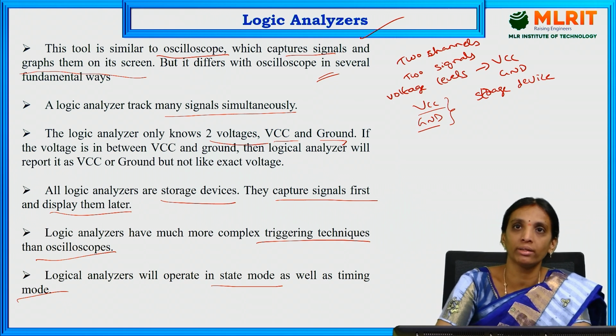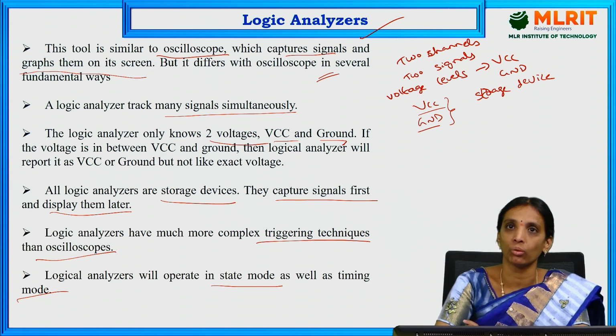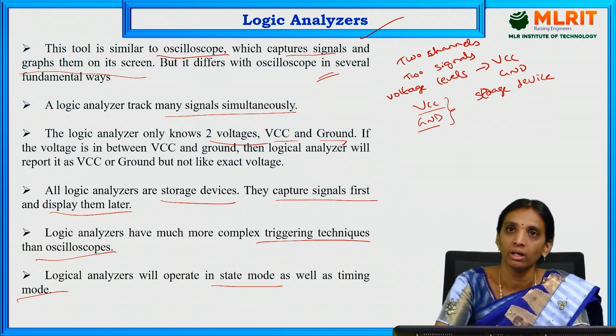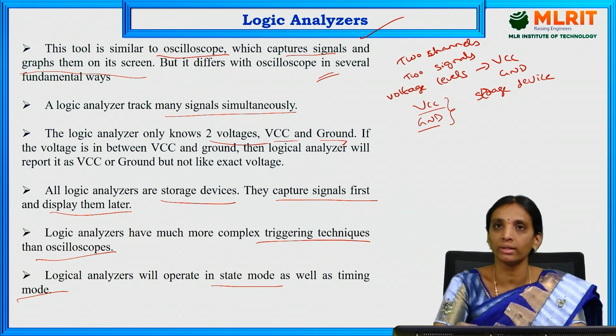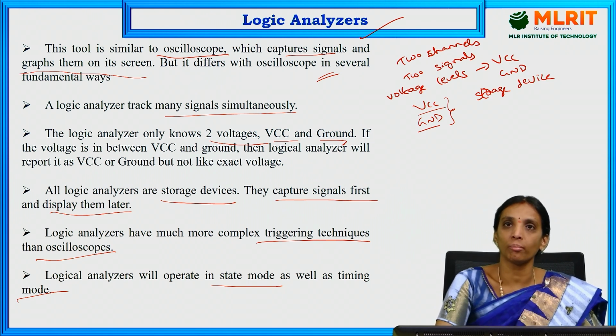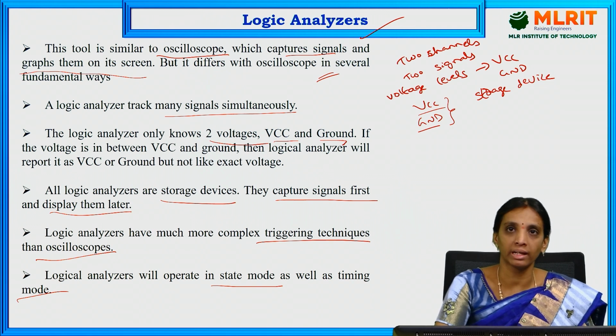But a logic analyzer can display in two modes, state mode and timing mode, and it has more complex triggering techniques. For the oscilloscope only one trigger signal is there, and whenever the trigger is applied, it generates the pulse waveform. But for logic analyzers there are more complex techniques for generating the trigger signal.